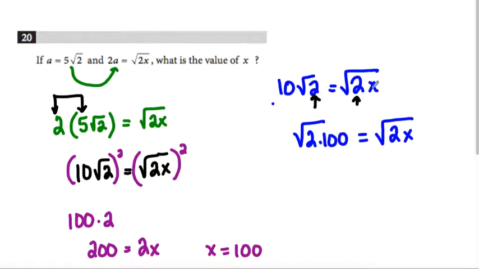The only thing that was different was this and this. I worked backwards and used the idea that equals means is the same as, just written differently. So then x had to be 100 as well.